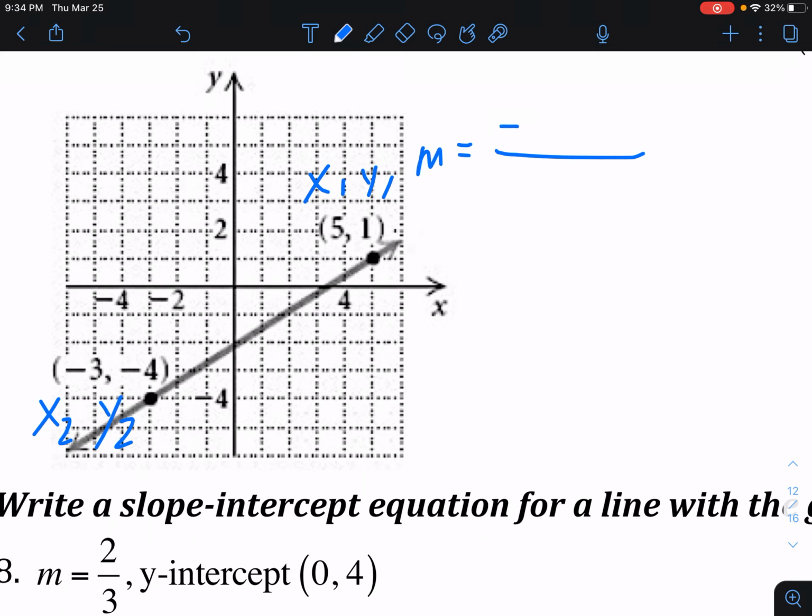So y2 minus y1 divided by x2 minus x1. So that'll be subtract on the top, subtract on the bottom, and the negatives divide each other out, so 5/8 is your answer.